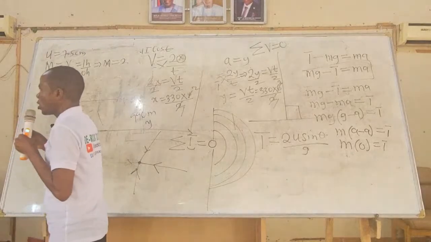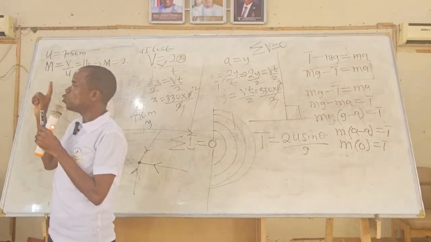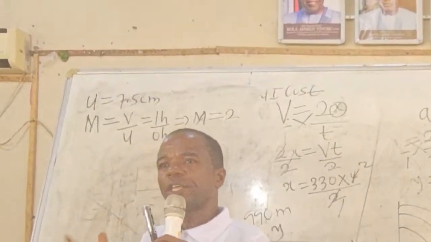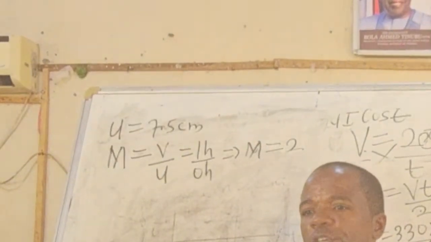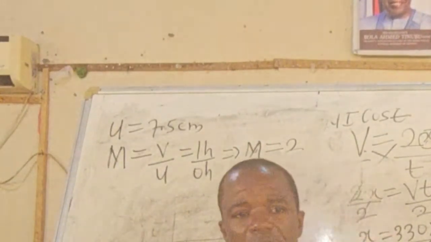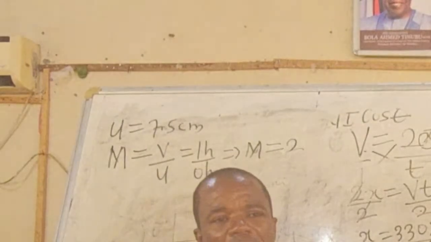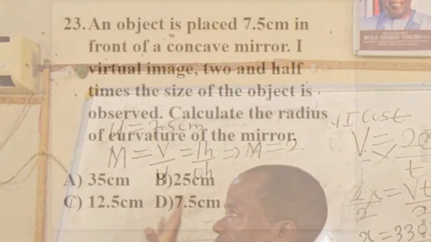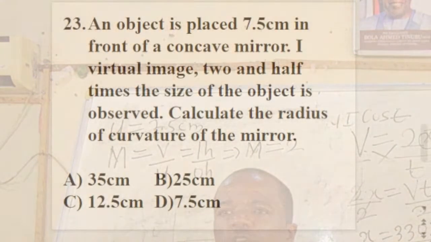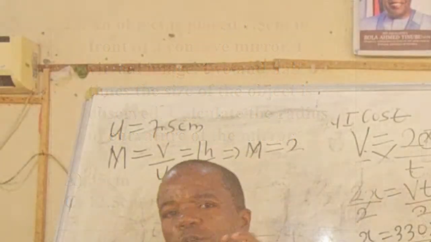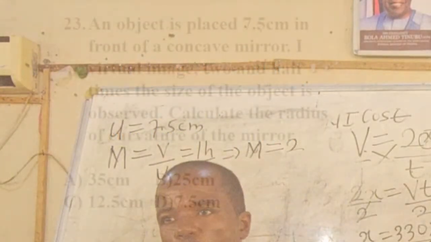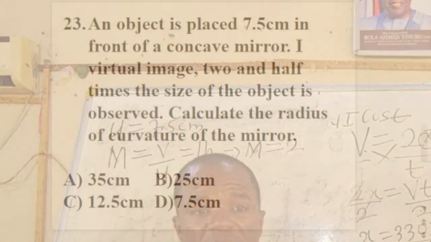But that's not all. It says a virtual image. When an image is virtual, what will be the value of V? Negative. That's what I said earlier, because this is the most important thing there. If you are not careful, if you assign a positive value for V, your answer will be wrong. Let me say this again. For a concave mirror, the focal length is going to be positive.